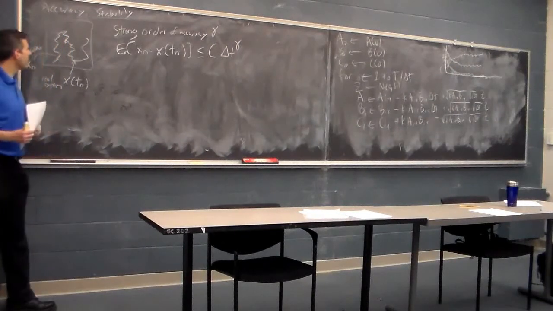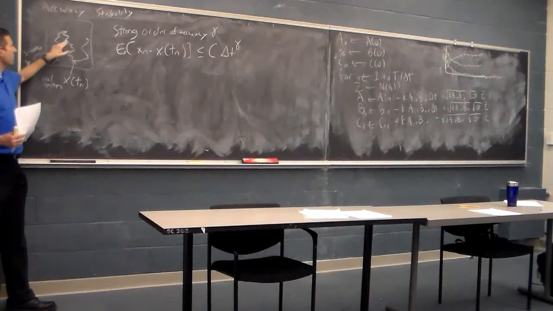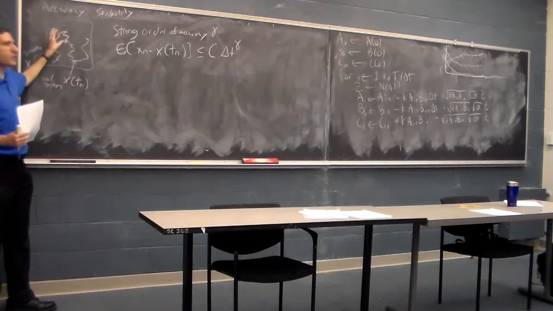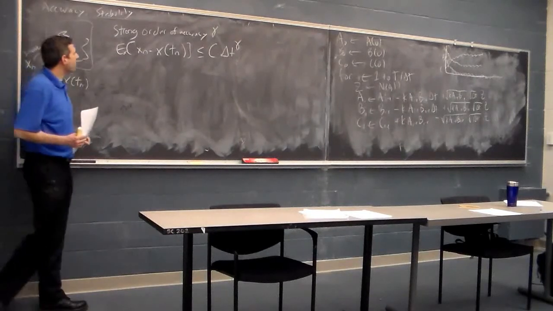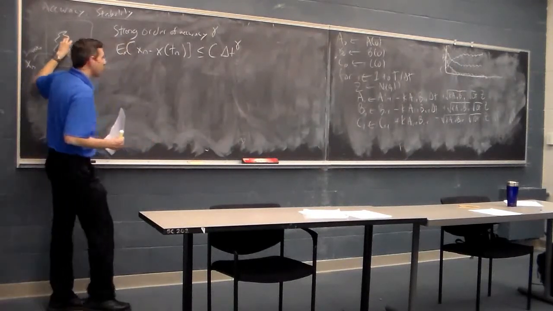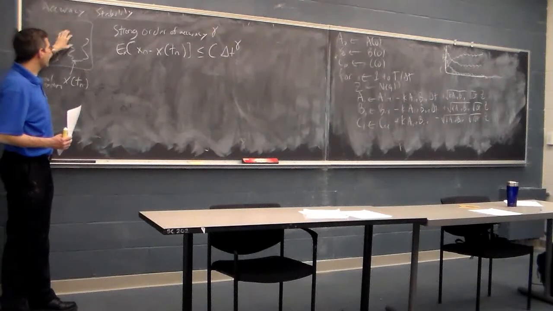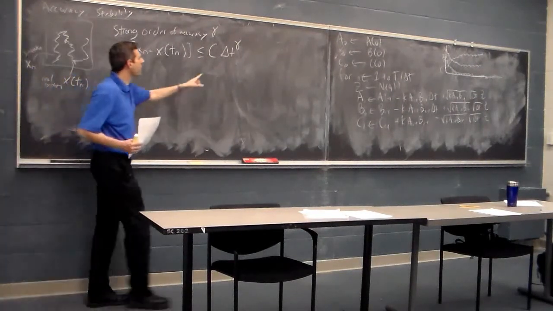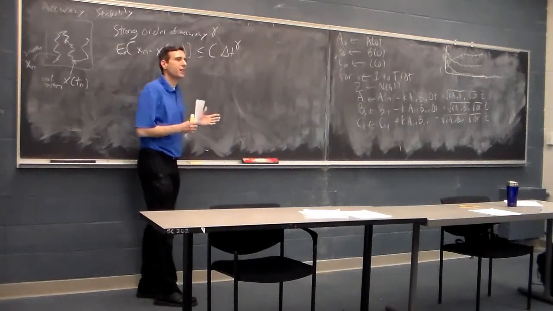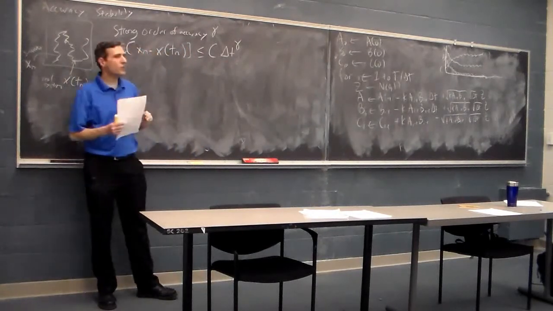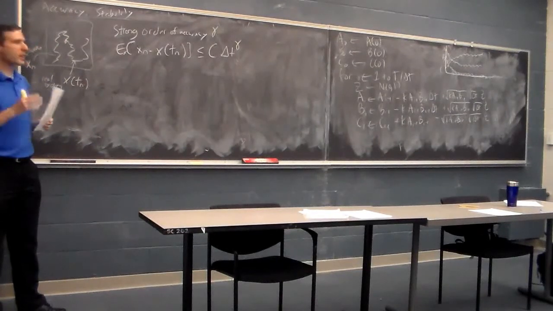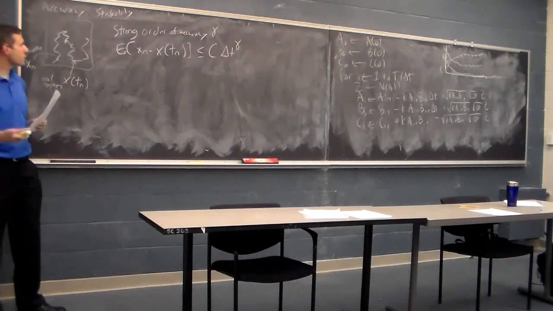So if you had, let's say, just a particle sitting at point 0, so it never moves, and we try to simulate that with a Brownian motion model, then we would expect that the Brownian motion model would diverge from the origin of the system at a rate of square root of delta t. So essentially the amount of time it diverges is going to be related to the square root of the time we're watching it.